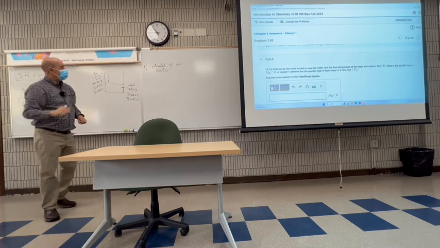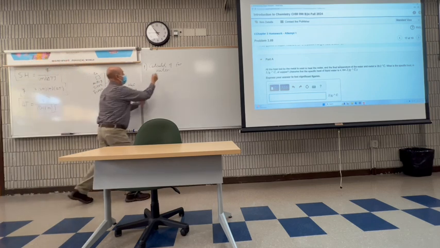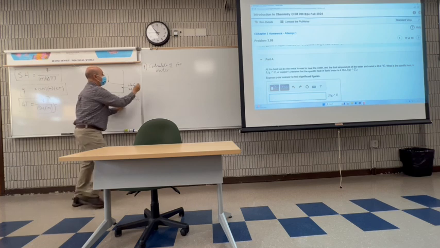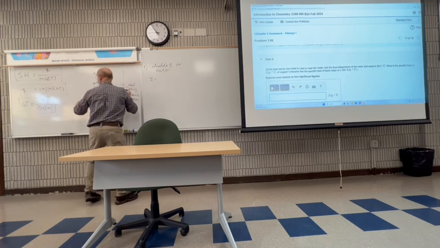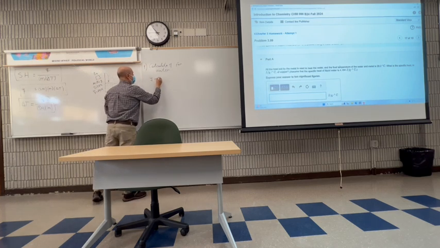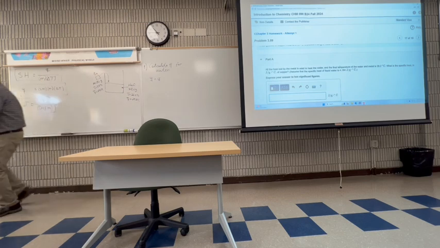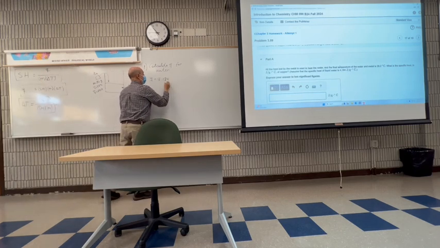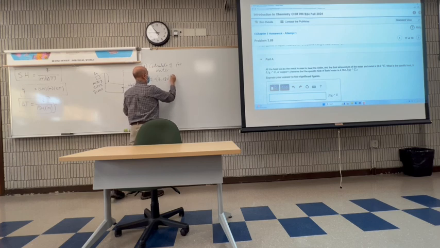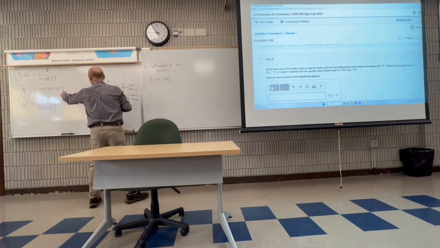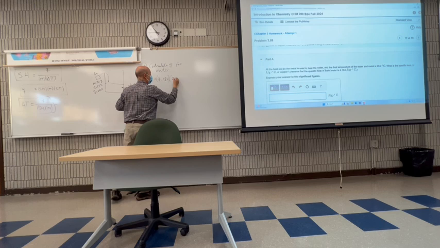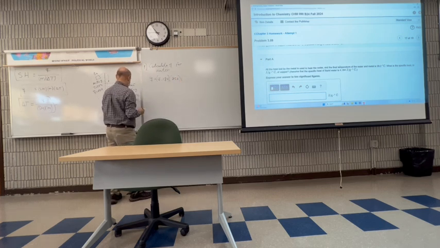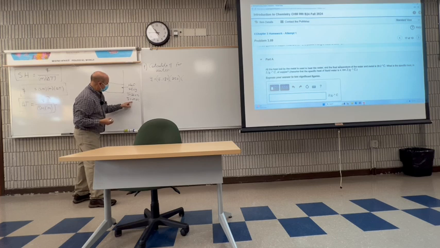I'm going to use the 3 minutes that I have left. I'm so sorry. So Q equals specific heat, 4.184, I'm not going to put units just to save time, times mass, 25 grams, times delta T, which is 3.2.